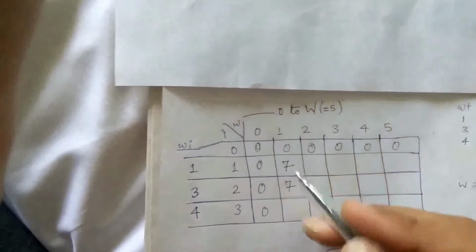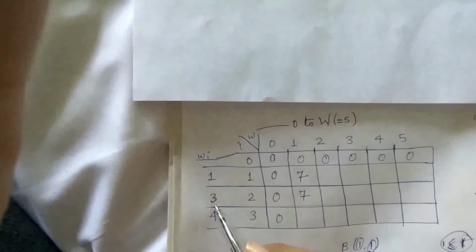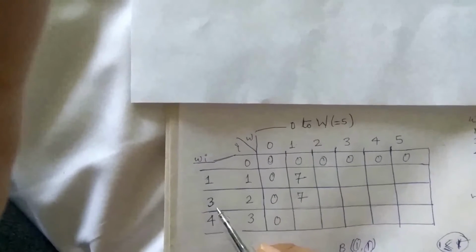Or in a different way we can find: we have a knapsack of, let's say, total weight 1, and we are trying to pick an item having a weight 3, which we cannot pick, right?